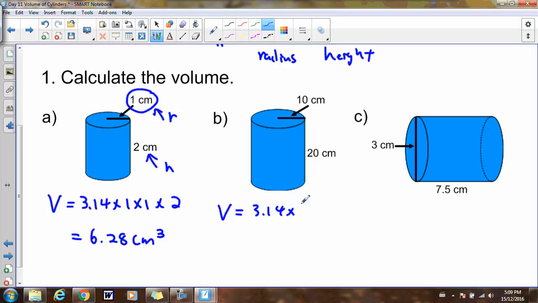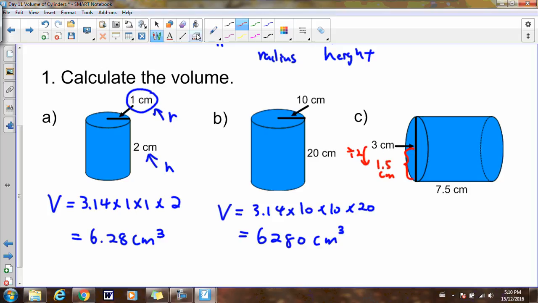Same with the next one. 3.14 multiplied by 10, multiplied by 10 again, multiplied by 20, and you're going to get 6,280 centimeters cubed. Now this next one is interesting because it doesn't give you the radius directly, but we can figure out what the radius is. It's just half of 3, and half of 3 is 1.5 centimeters, right? If you just divide this by 2.